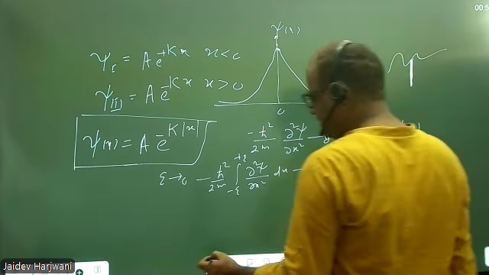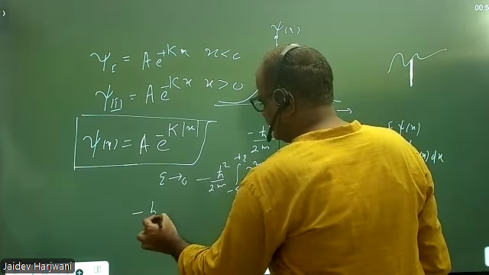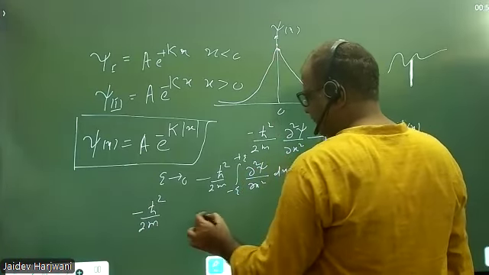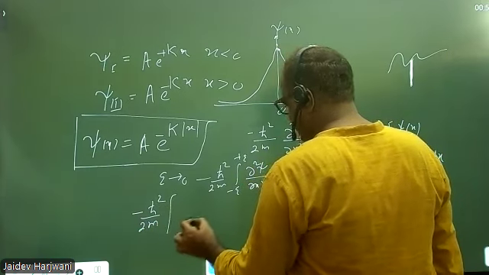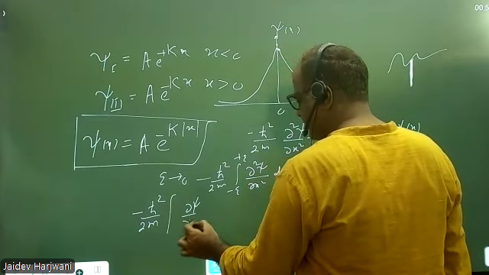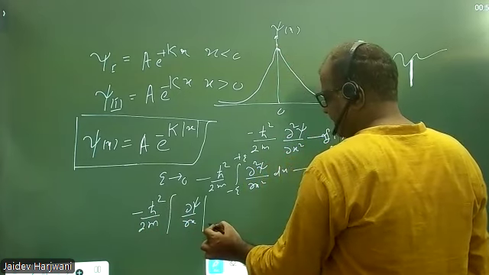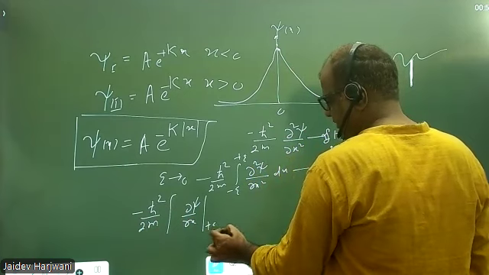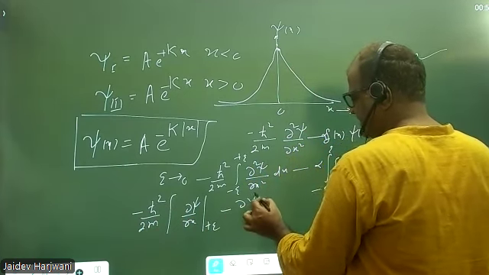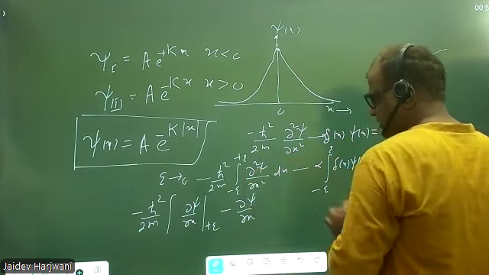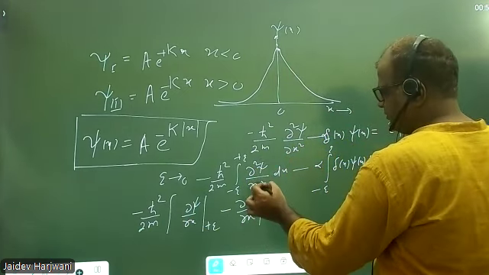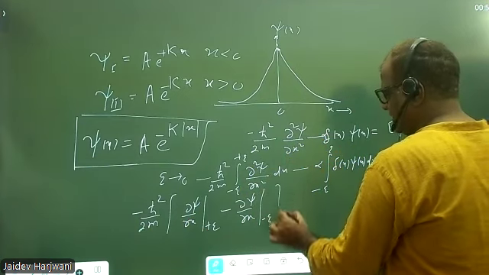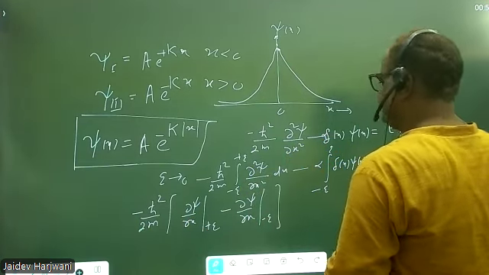Now if I integrate this equation, it gives me minus ħ² over 2m, and integrating the second derivative gives ∂ψ/∂x at x equals plus ε minus ∂ψ/∂x at x equals minus ε. This is the first term.